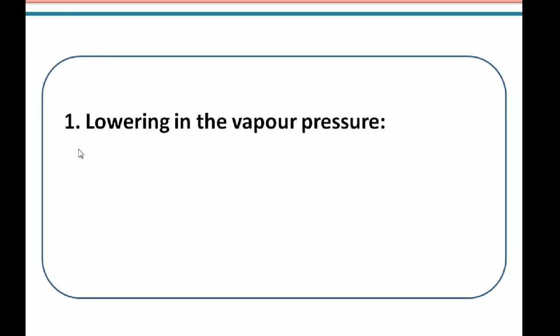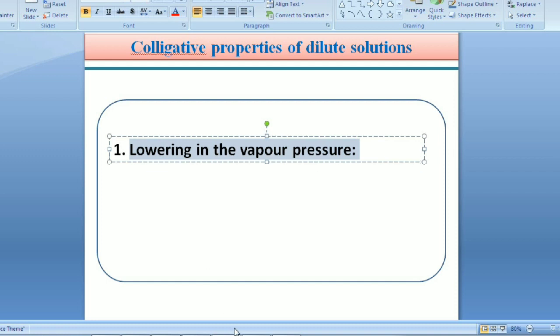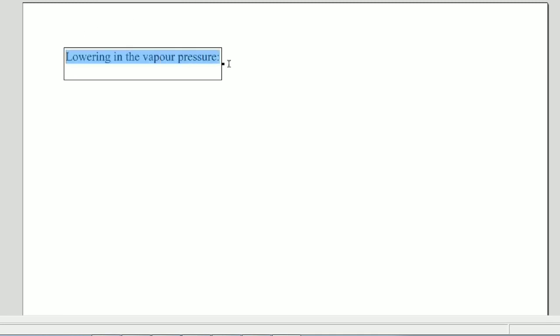Students, the first colligative property is lowering in the vapor pressure. Now we can see about this colligative property number 1, lowering in the vapor pressure.